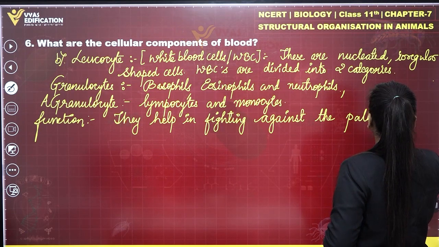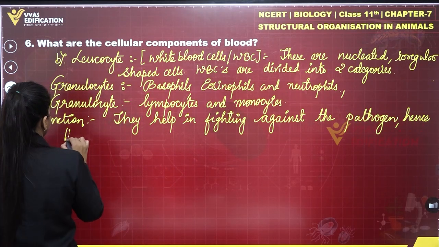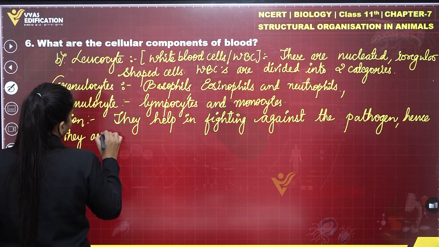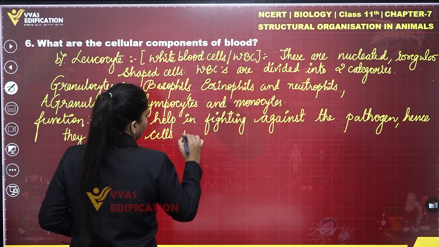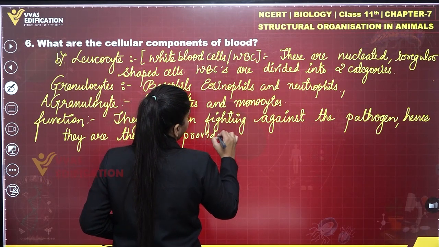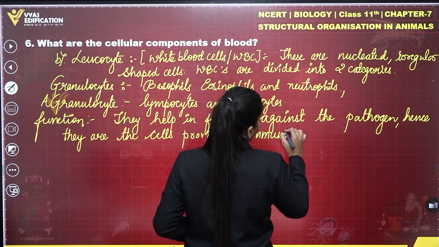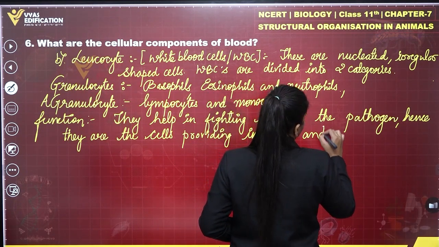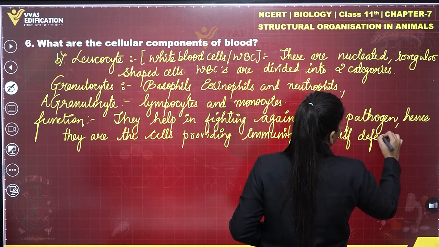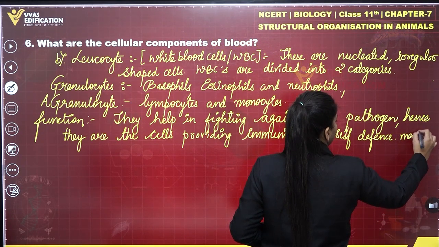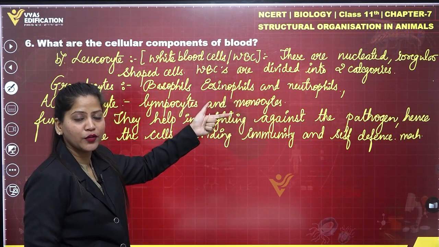Hence they are the cells providing immunity and self-defense mechanism, right? So this is your second cellular component of blood, leukocyte or WBC.